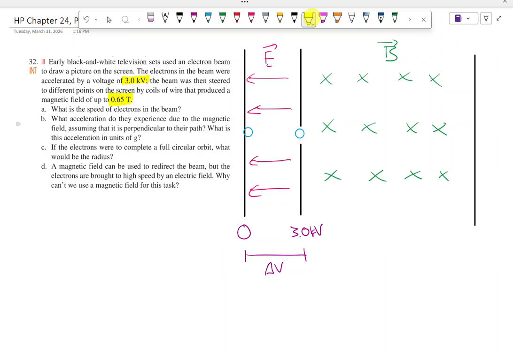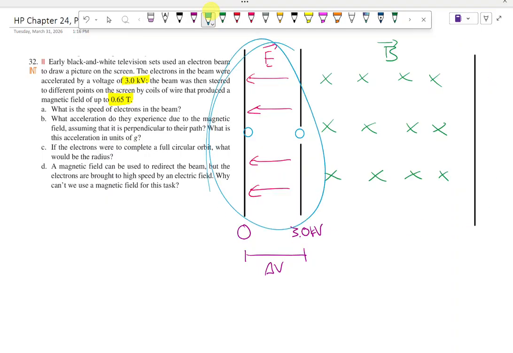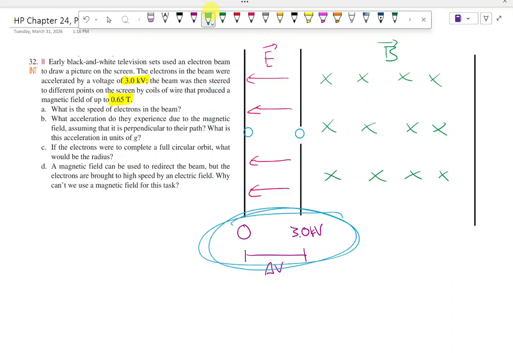And so the first thing they ask is, what is the speed of the electrons in the beam? So the electrons are going to speed up. I drew a little diagram of what they were saying here. So here's the electric potential that gets produced, from 0 to 3 kilovolts right here. You can say parallel plates or something like that does it. And this would be an electron in there.